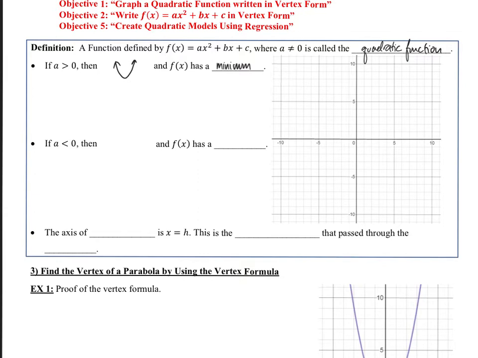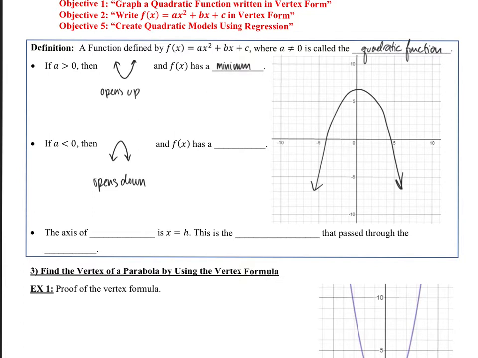Then, if we have a less than 0, it's going to be the exact opposite. For a less than 0, opening downwards. So this opens up, this opens down. Okay, so then f of x has, right here at the vertex, a maximum. Highest possible y value. Think of the top of a mountain peak.